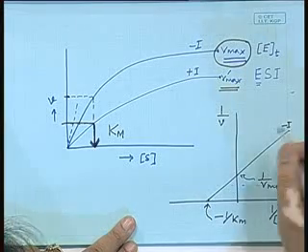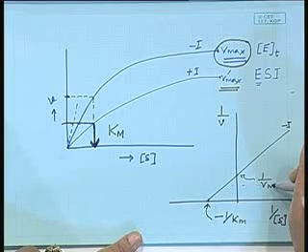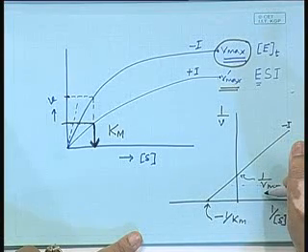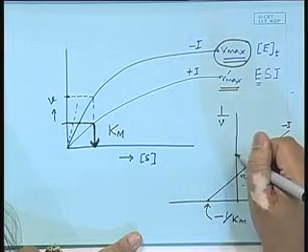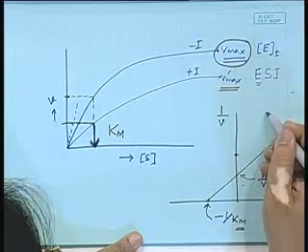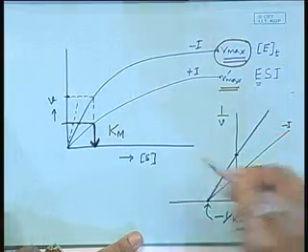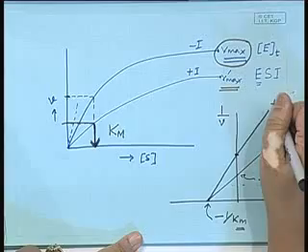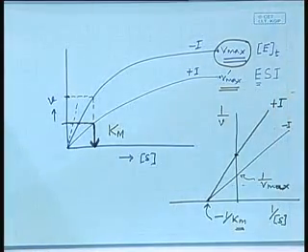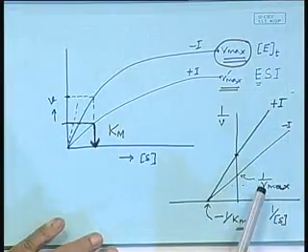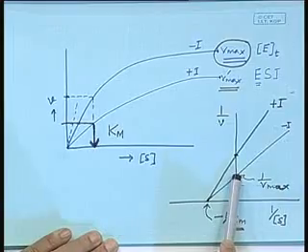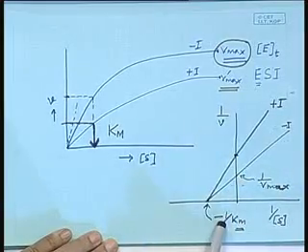Right? My Vmax now has decreased. So what happens to my 1 by Vmax? It increases, say somewhere here. What is my Km? Same. Plus non-competitive inhibitor. Is that clear? So, for the competitive inhibition, I have a case where the Vmax is the same, the Km is different.